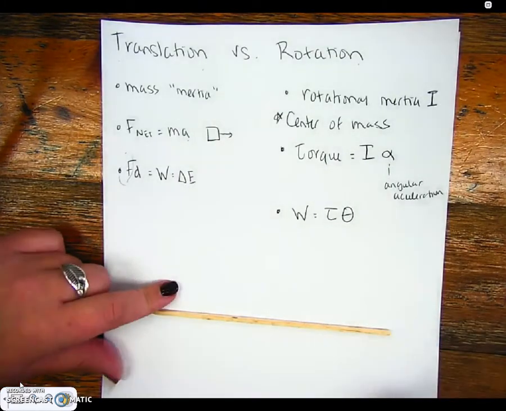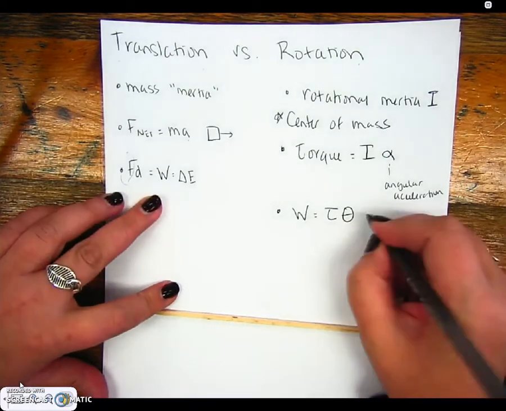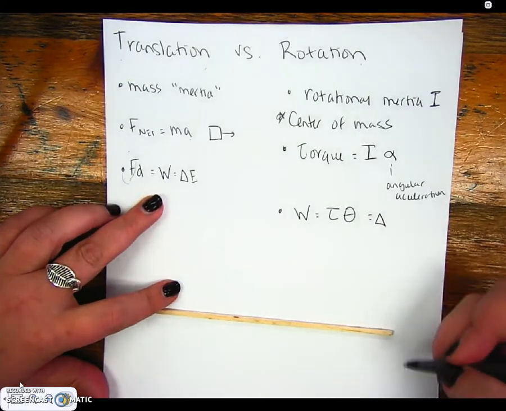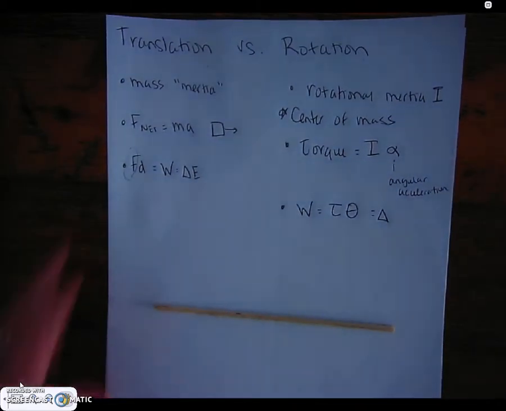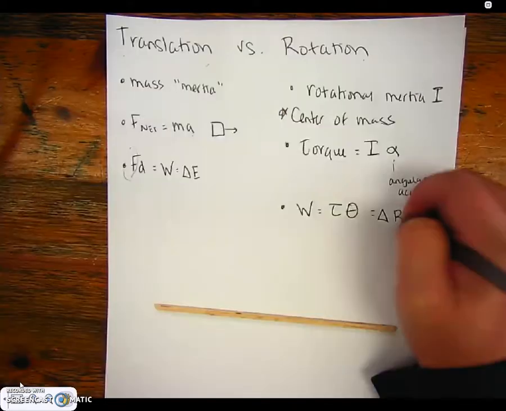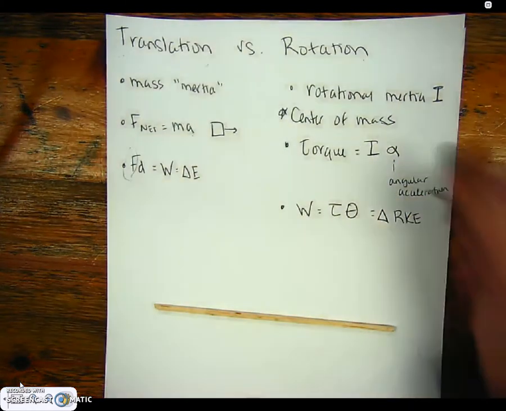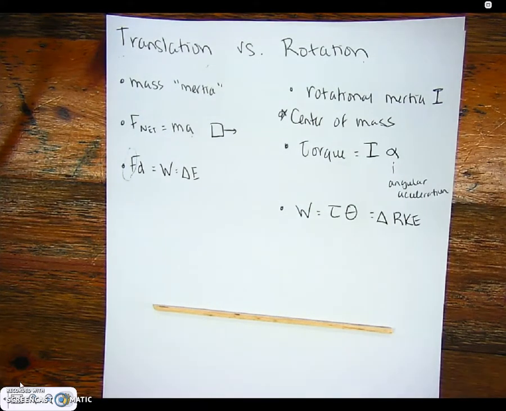If it's speeding up, I have changed its energy. The way I'm changing its energy is by making it speed up, and this is what we call rotational kinetic energy. We will look at the equations for these things, but I just want you to see these concepts right now, and then we'll go into more depth later.